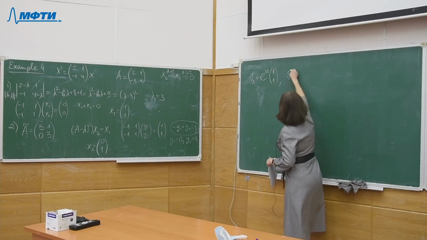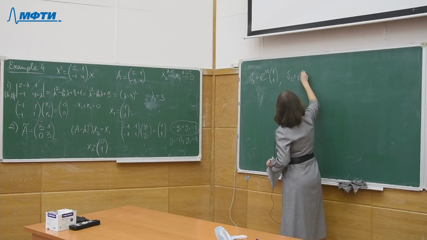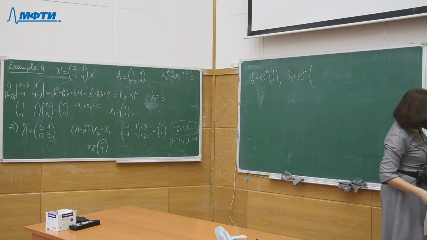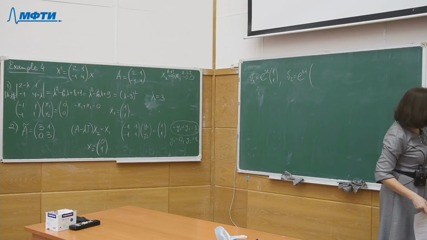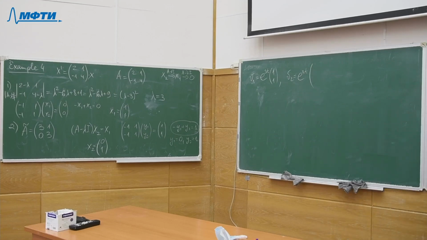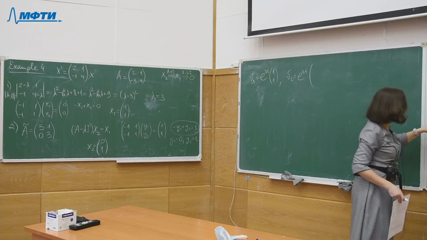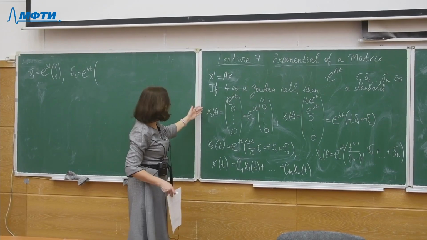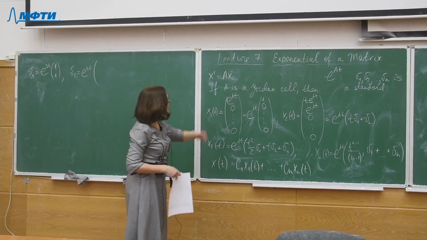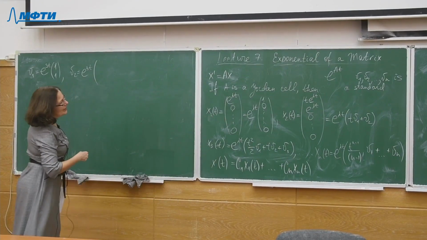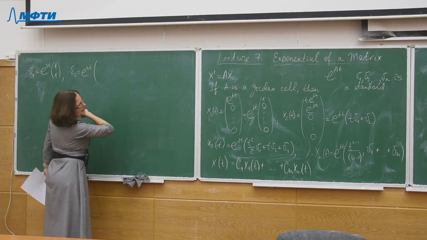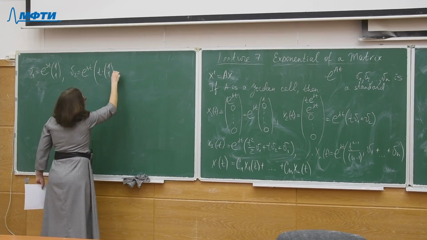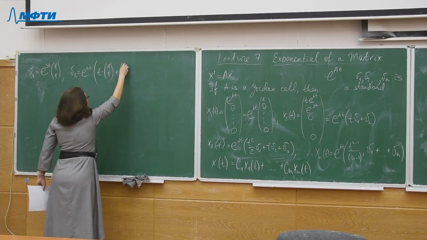And the second solution will be given by e to the power 3t. So they are given by these formulas. So this is the first solution, and this is the second one. I think I confused the notation, so now it is y1 and y2. So y2 will be e to the power 3t times t times the eigenvector plus 0, 1.